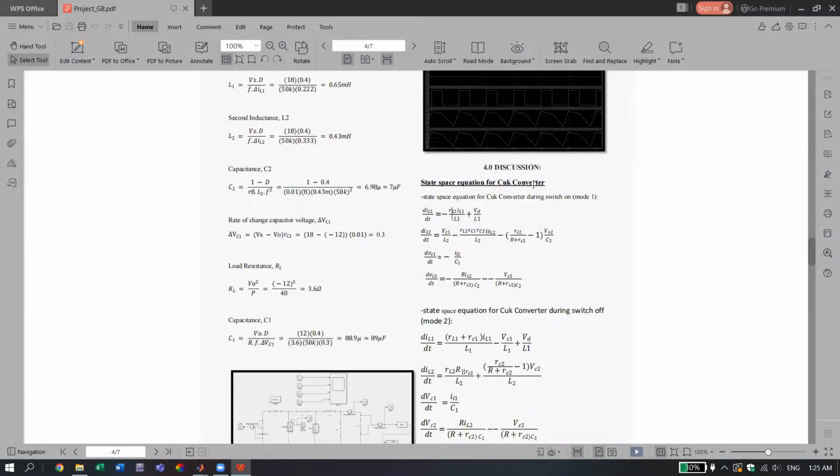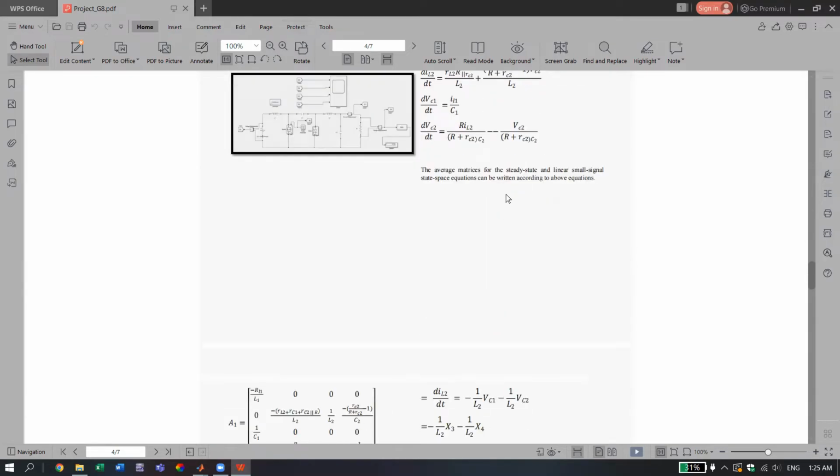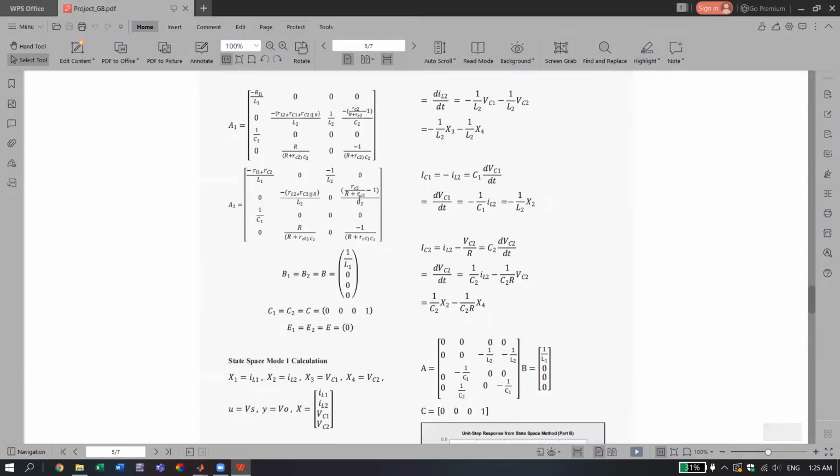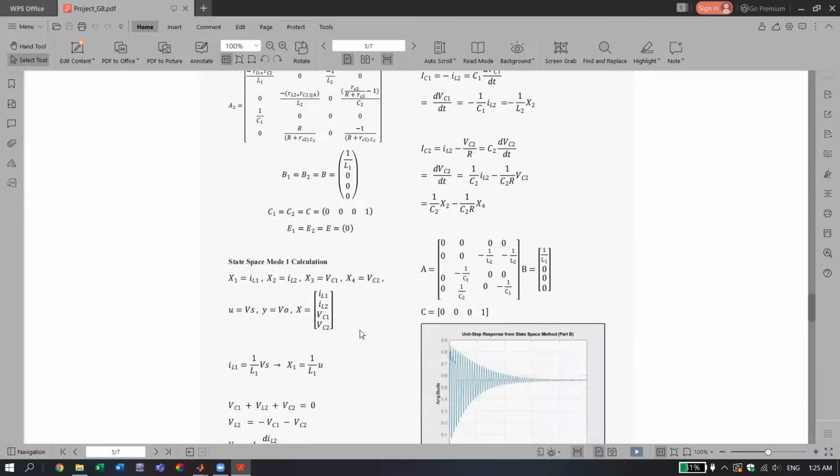Then for the state space equation for the Cuk converter, this is the formula. Mode 1 is the switch on, and then this is the equation for state space mode 2. Mode 2 is the switch off. This is the matrix for the formula, and then this is the state space mode 1 calculation.